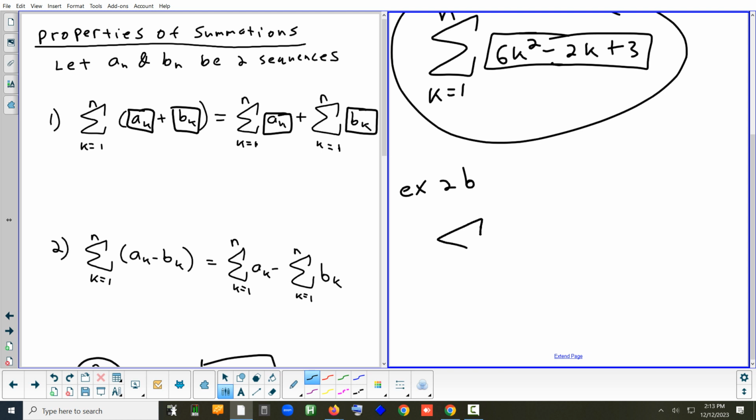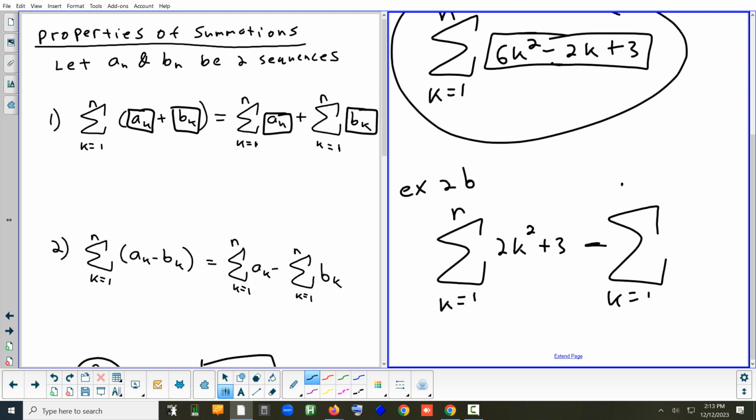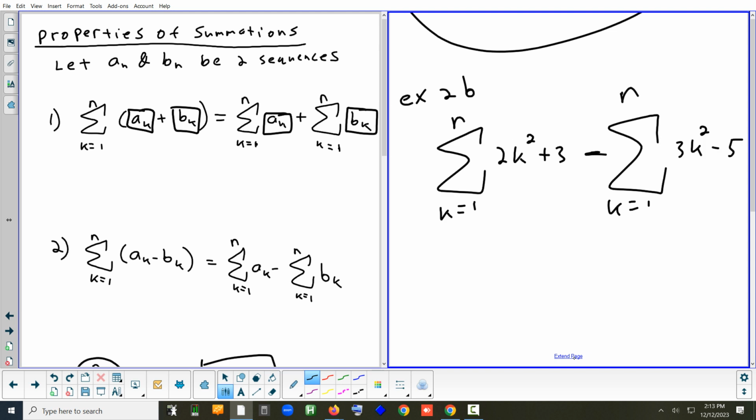Let's take the sum from k equals 1 to n of 2k squared plus 3, minus the sum from k equals 1 to n of 3k squared minus 5. And I want to combine that into a single sigma.